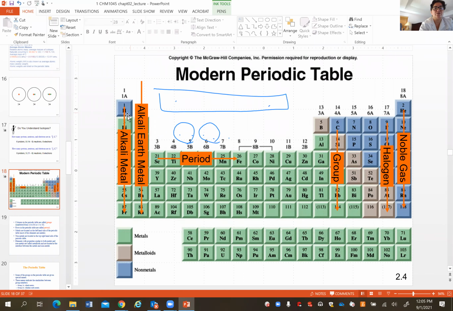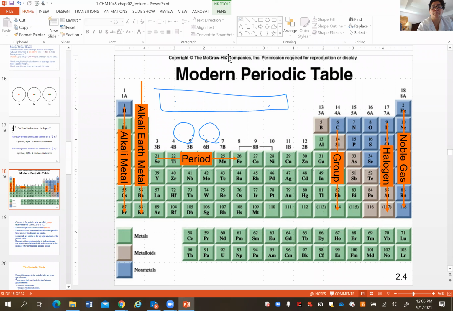And remember, hydrogen is a non-metal, but since it only has one electron, it fits with group 1A, and that's why we have it as part of group 1. So these are the non-metals, and when they combine, oxygen with nitrogen is going to give you a molecular compound. Carbon with oxygen would give you a molecular compound.